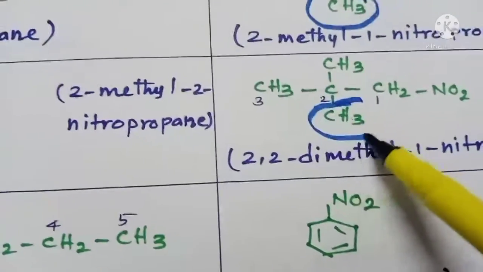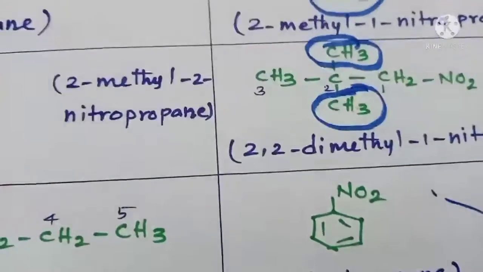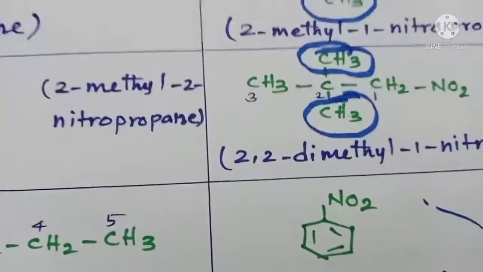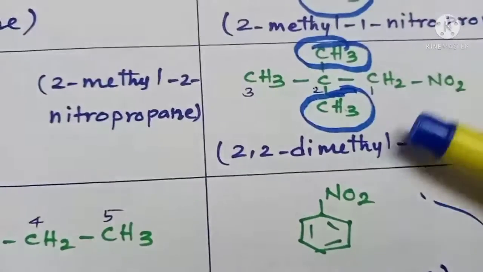Whereas these two groups, a methyl at the lower branch and another methyl at the upper branch, are considered substituents. So this is named dimethyl nitropropane.